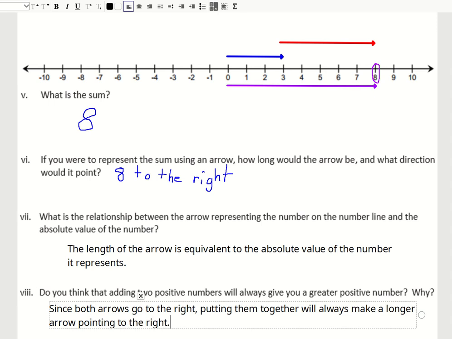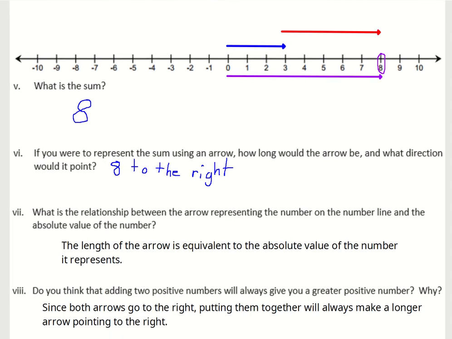So since no matter what, it will always be to the right, and then even more to the right, it's always going to be a greater positive number. And again, we should know that positive plus a positive is just going to get bigger.